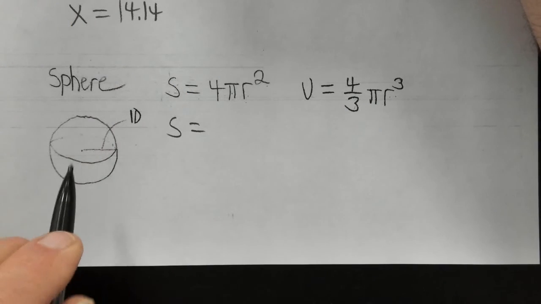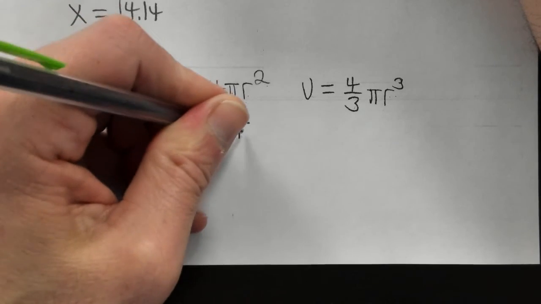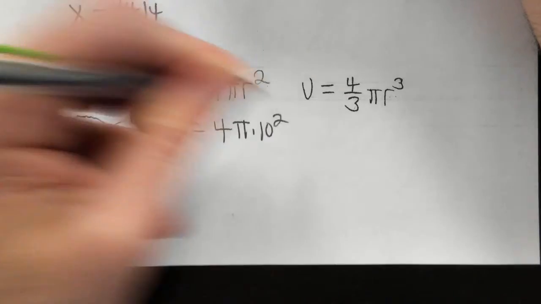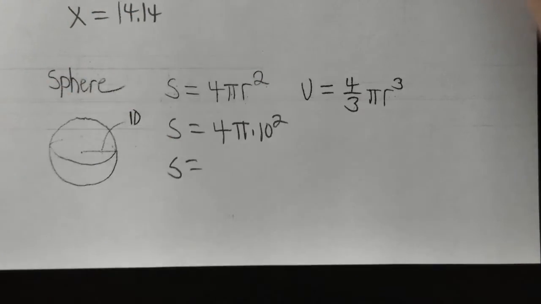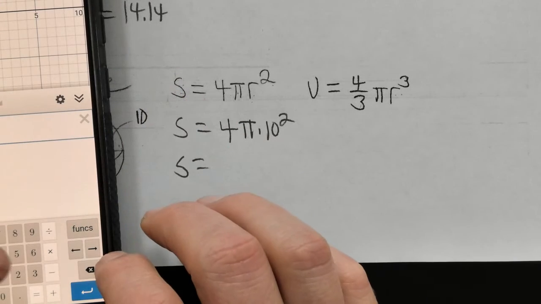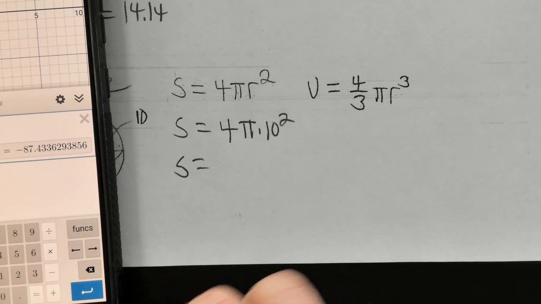So to find the surface area of this sphere, it would be 4 pi. Radius is going to be given to you, times 10 squared. So the surface area is going to be 4 pi times 10 squared.